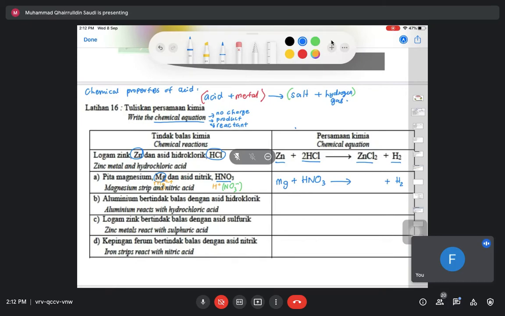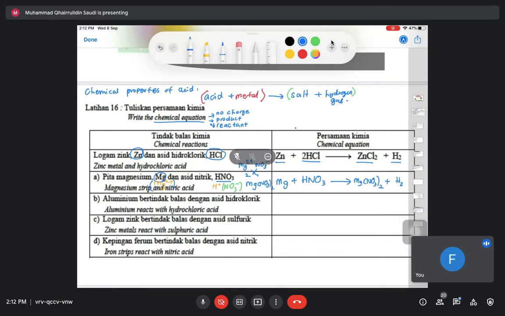For the formula for the salt, you just cross multiply the ions for the metal and the anion from the acid. So Mg2+ and NO3-, so Mg(NO3)2.